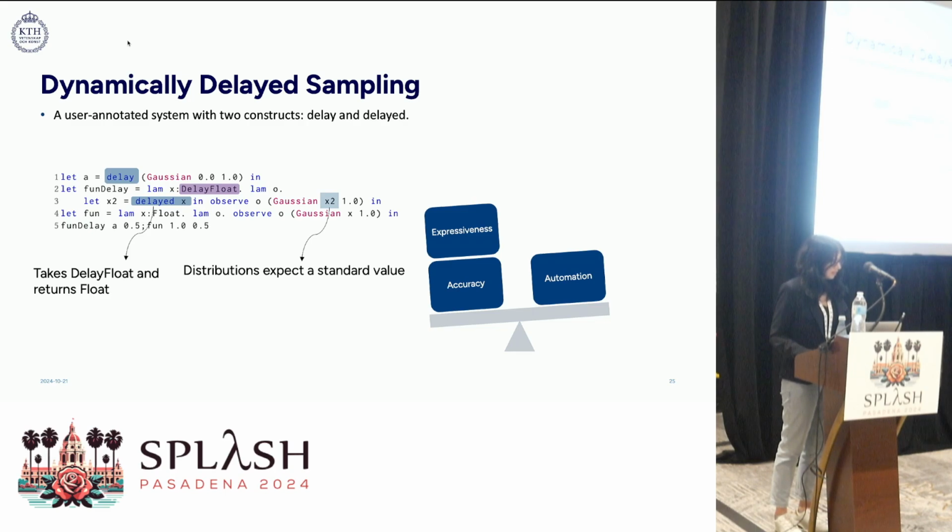The delayed keyword just ensures they get a float or an integer value. Here there is one caveat: we sacrifice some automation for more expressiveness and accuracy.